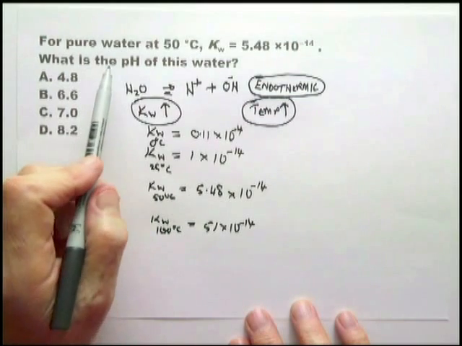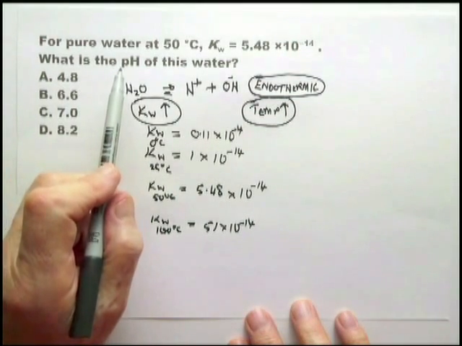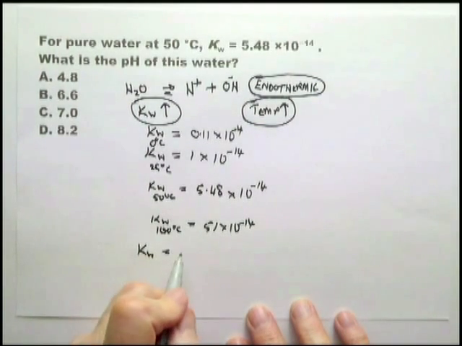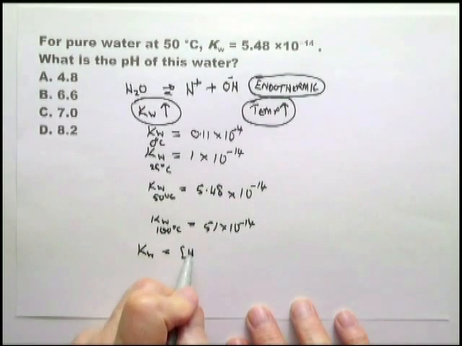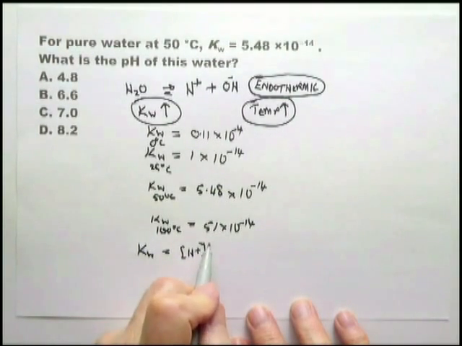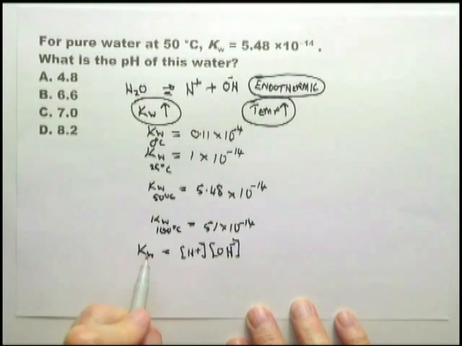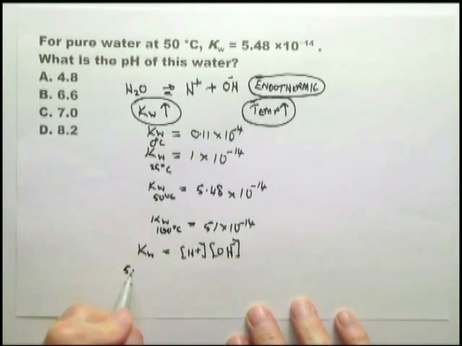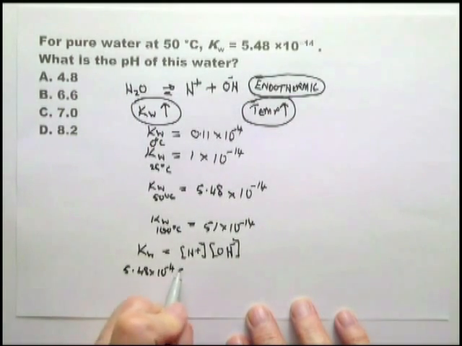So, what is the pH of this water? Kw equals concentration of H plus times concentration of OH minus. This is the equation for Kw. They tell us it's 5.48 times 10 to the minus 14.